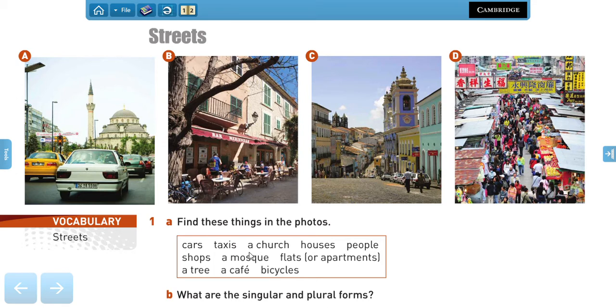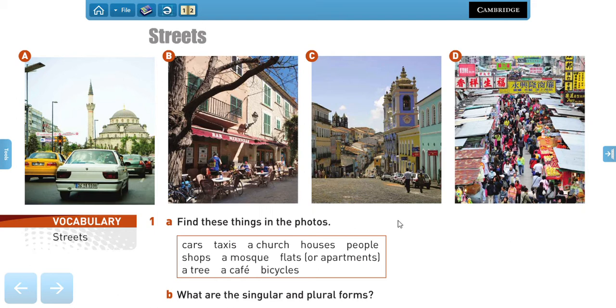A church. Where can we find a church? This one, right? Here, there's a church. Houses. We have houses over here, right? Different colors.